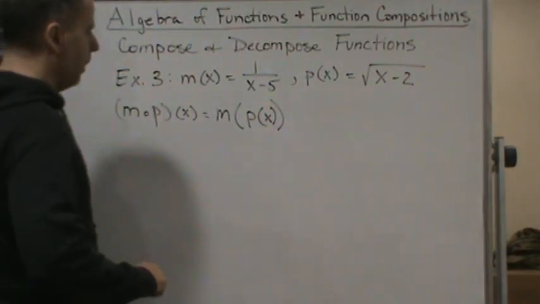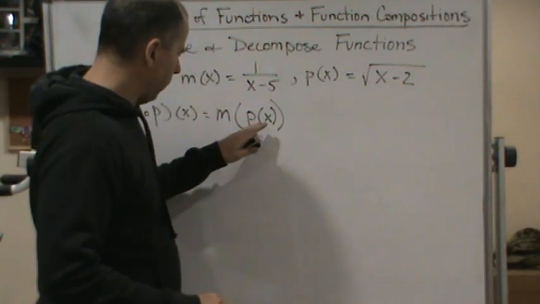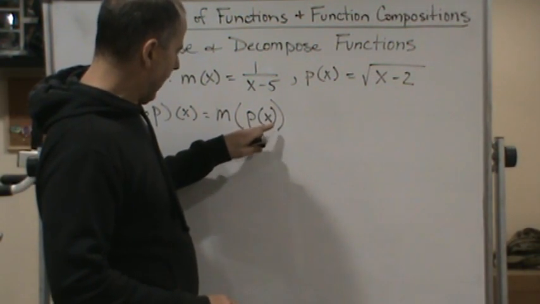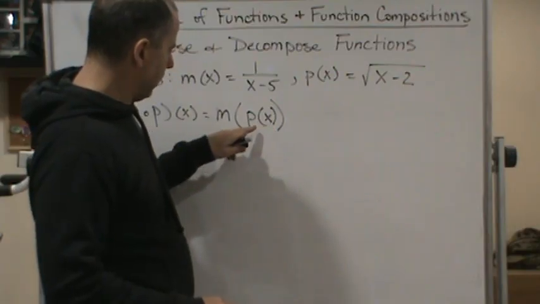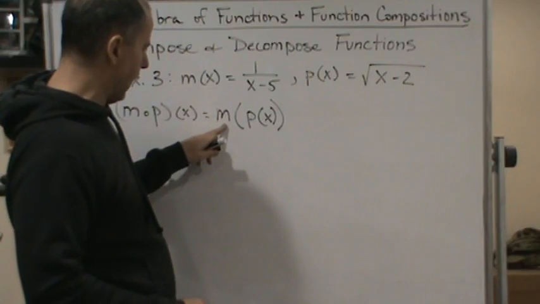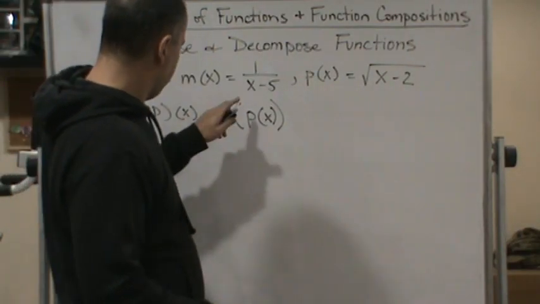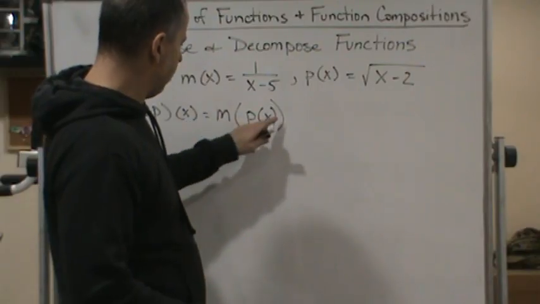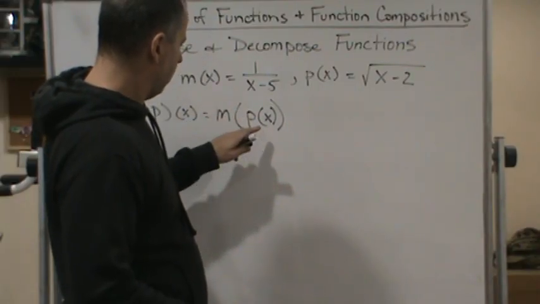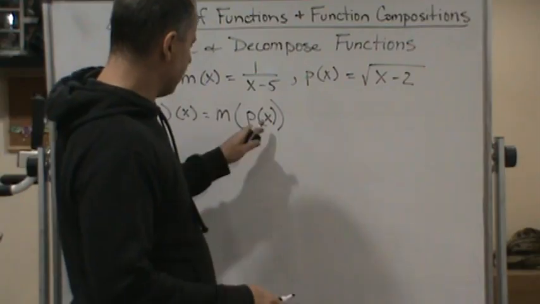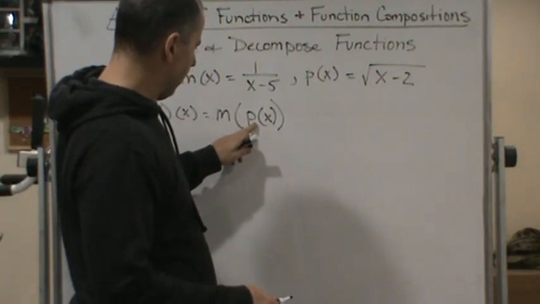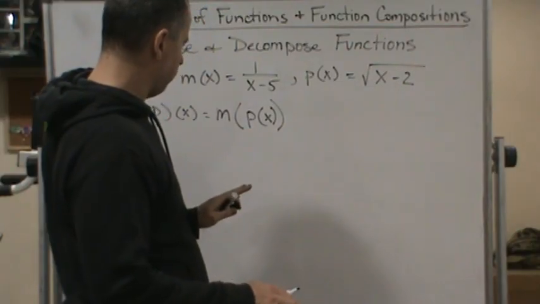Now what we want to ask ourselves is what are all the values of x that will go into p of x where p of x can go into m of x. Now remember, x cannot be 5. So any p of x value that gives 5 won't work, which means any x value that gives a p of x value of 5 won't work.